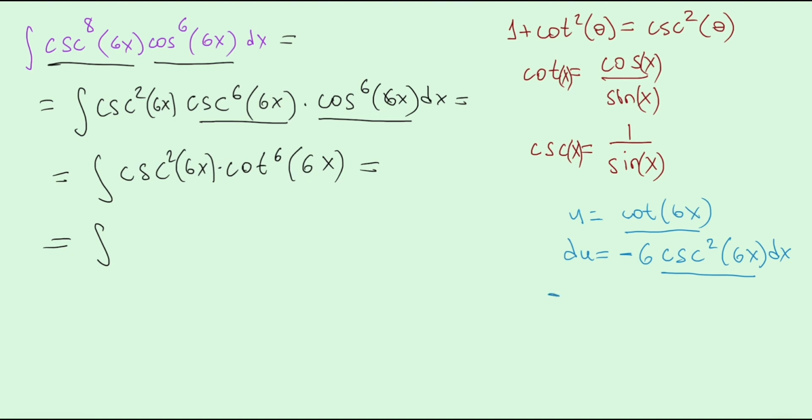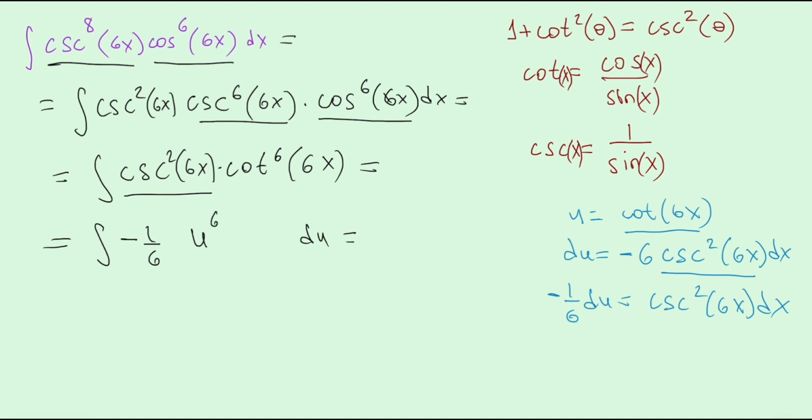This will be negative 1/6 du, which would equal cosecant squared of 6x dx. Therefore, we're going to have this written as negative 1/6, and let's write the du at the very end. And cotangent to the 6th power is going to equal u to the 6th power.